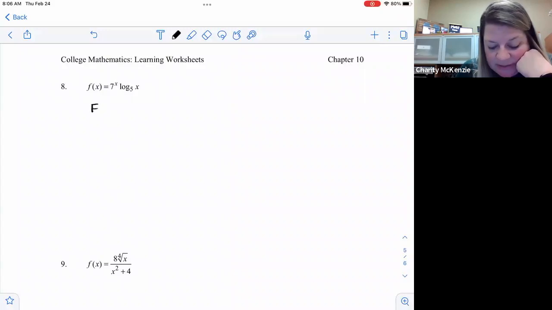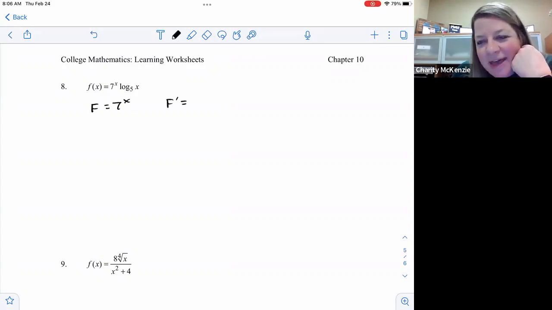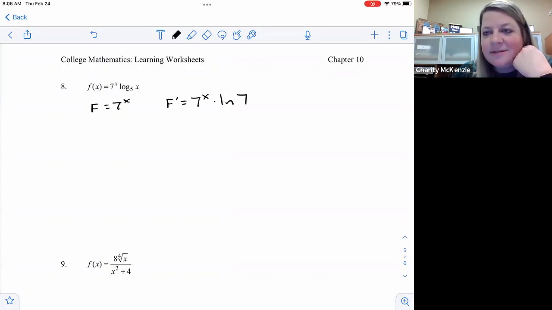So our first is 7 to the x. What's the derivative of that one? Do you remember how to do the derivative of that? It stays 7 to the x times natural log of 7. So e to the x is really e to the x times natural log of e, but the natural log of e disappears to 1.